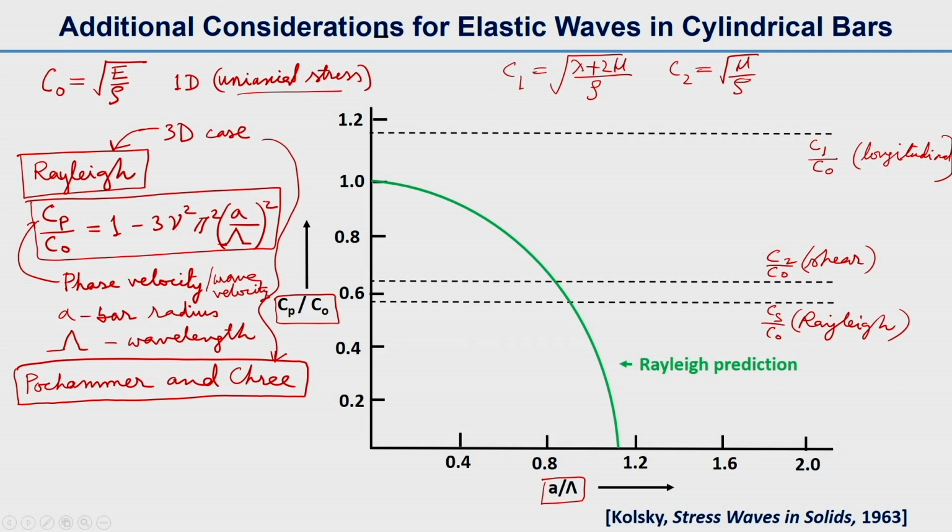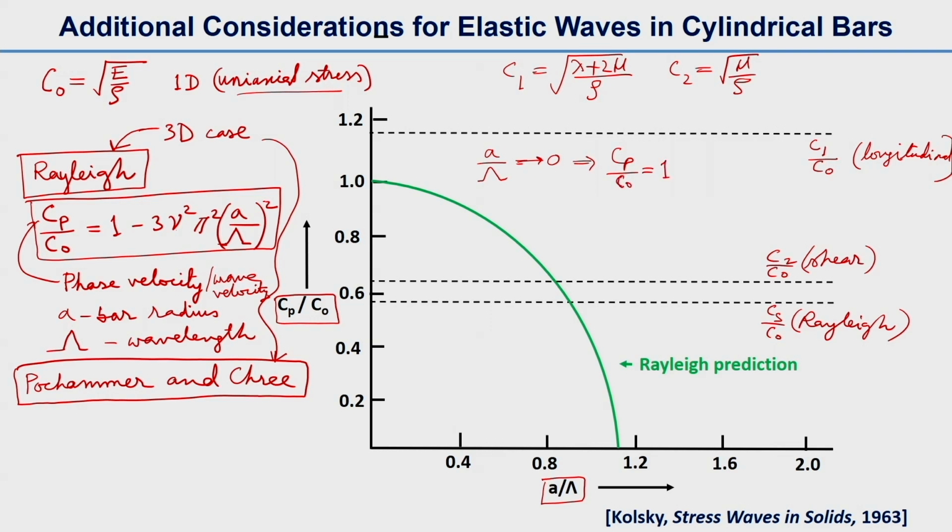So the Rayleigh wave velocity is a little less than the shear wave velocity. Now here we are showing the Rayleigh prediction for the 3-dimensional case with the additional effects, and we can see that if A by lambda is very small, that means the bar radius is very small, this implies that Cp by C naught equals 1, or they are almost the same.